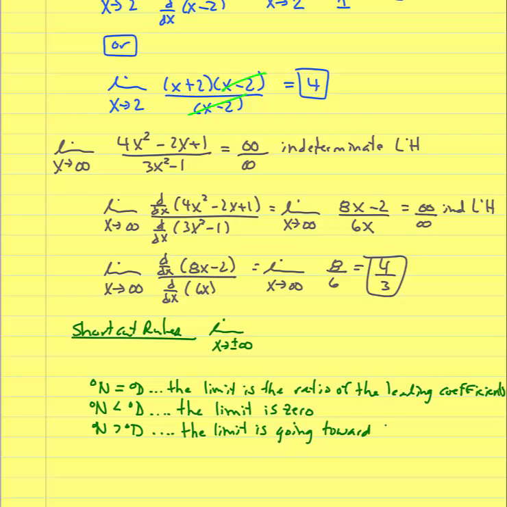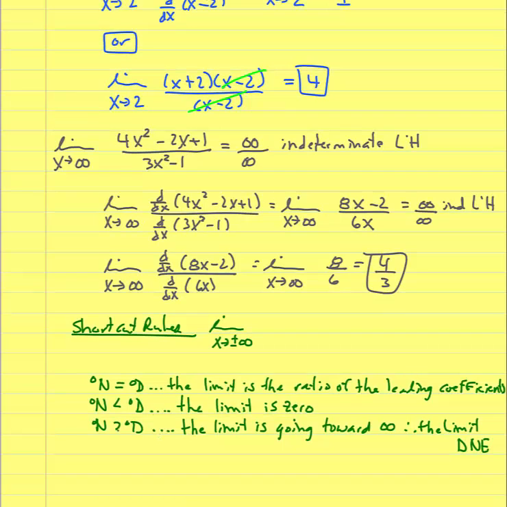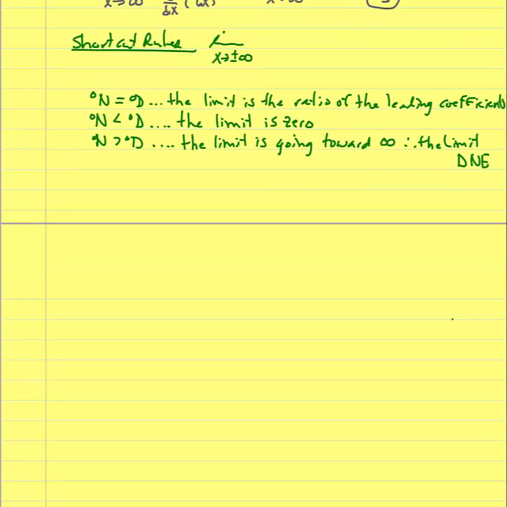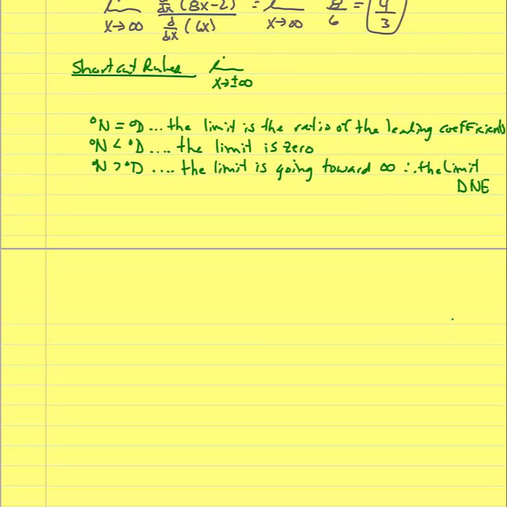So it's going toward either plus or minus infinity, and therefore the limit does not exist. Okay, so shortcut rules are important to remember, very handy to be able to recall, and sometimes they can make our work quite a bit easier than going through the whole L'Hopital's thing.